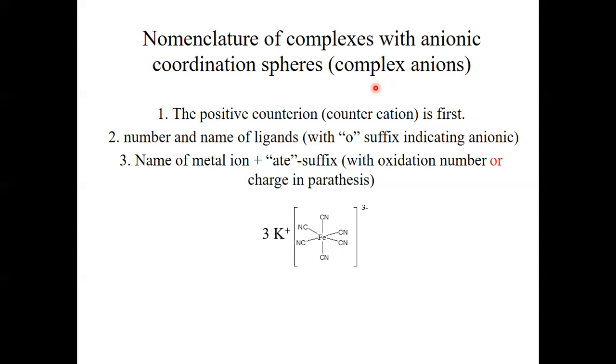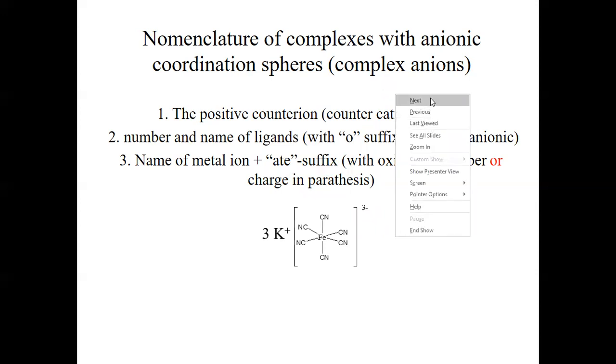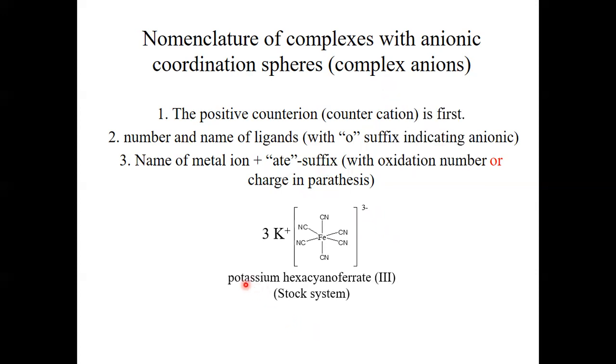So the determination of oxidation numbers is not always that straightforward, so it's actually easier just to add the charge in parentheses. That would be in this case -3. So we could either say this is a potassium hexacyanoferrate 3, whereby we put the 3 in Roman numerals behind the name.